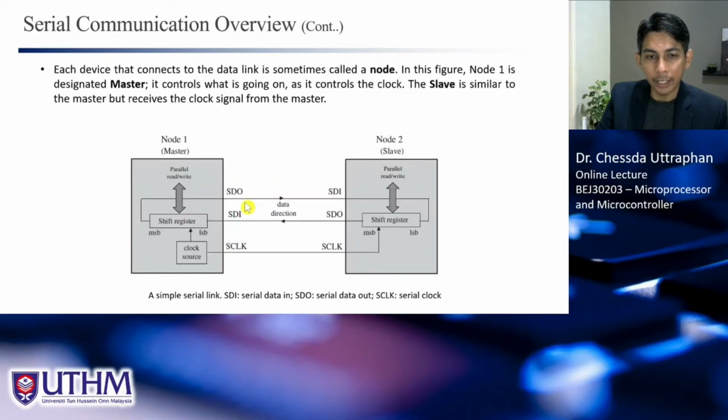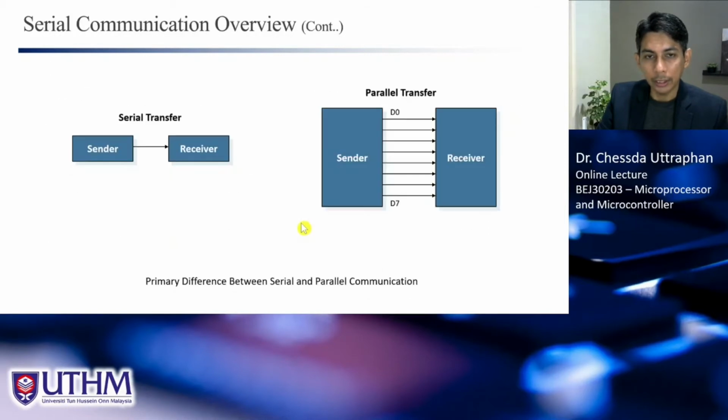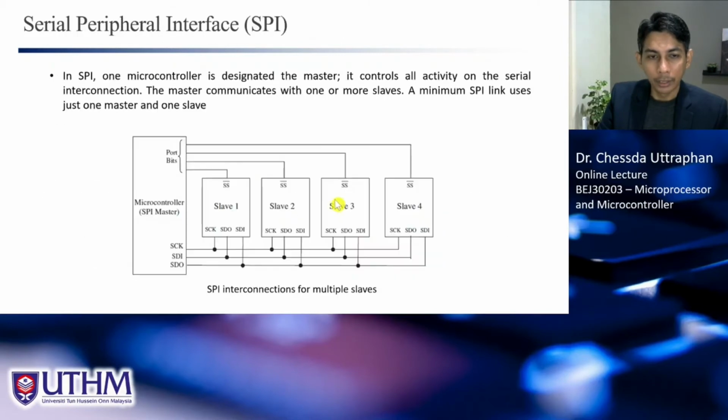But if we have something like this, we use 7 lines already for serial communication. So that is no different from parallel. We can see that whenever the number of slaves gets bigger, and we have more slaves connected to the microcontroller, we are going to lose the advantage of serial communication, which is the cost.